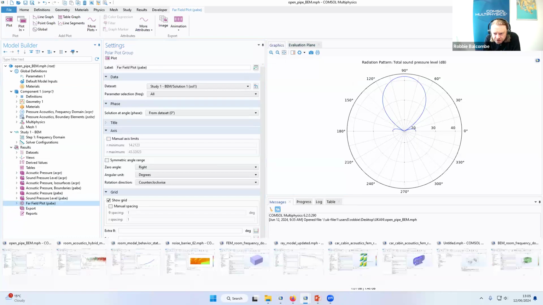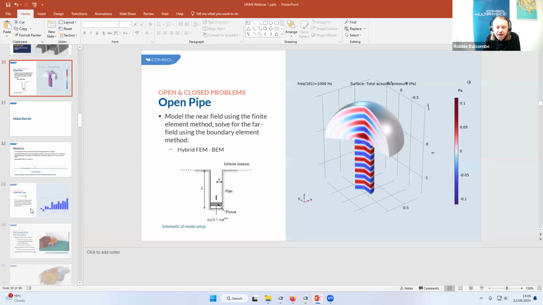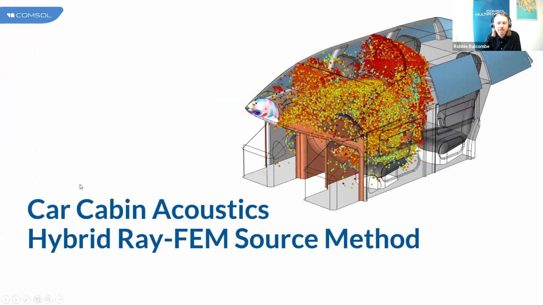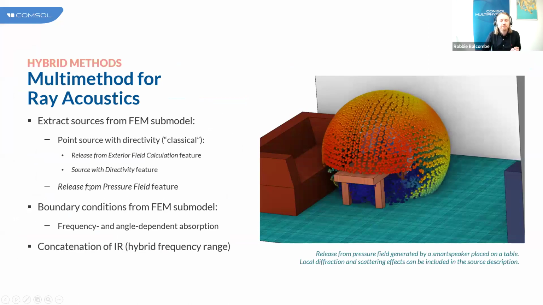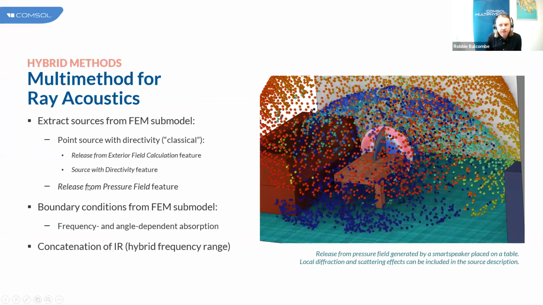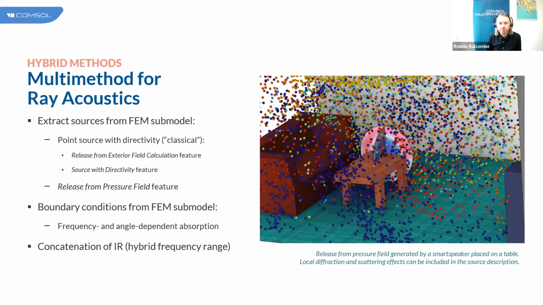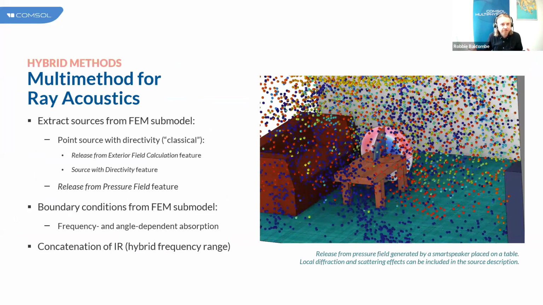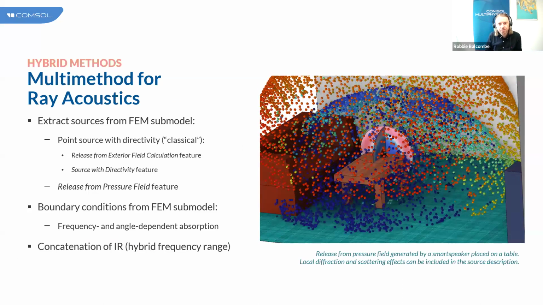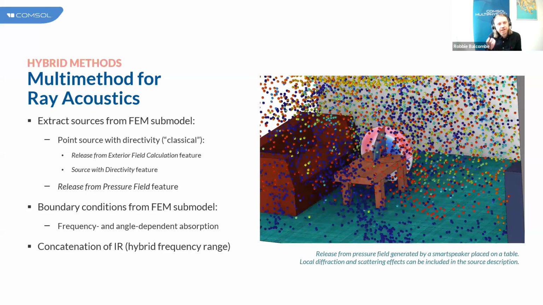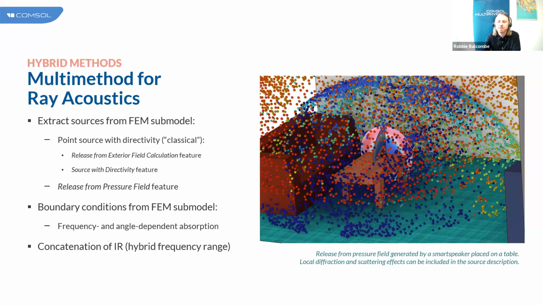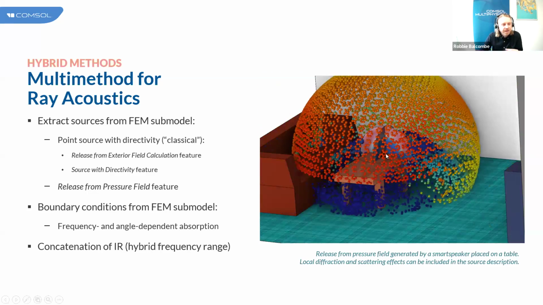If we wanted also to couple the finite element method to ray tracing, that's something that can also be done. So when working with ray acoustics, we will typically be looking at propagation over large length scales. But we might also want to consider a high fidelity model of our acoustic source. It could be a loudspeaker, for example, like this. This is a table loudspeaker.